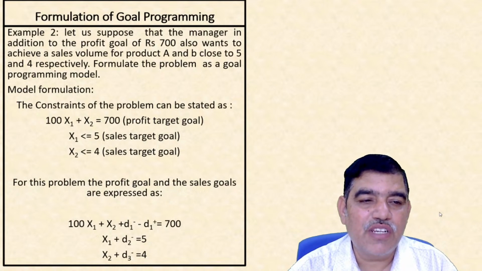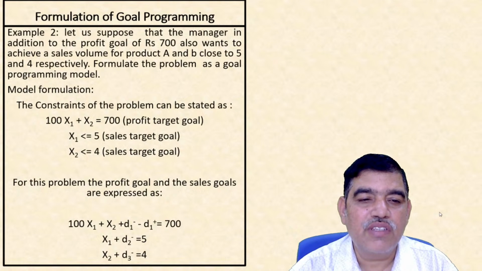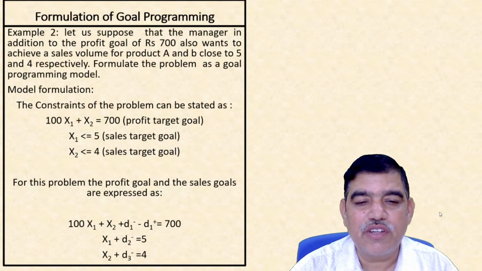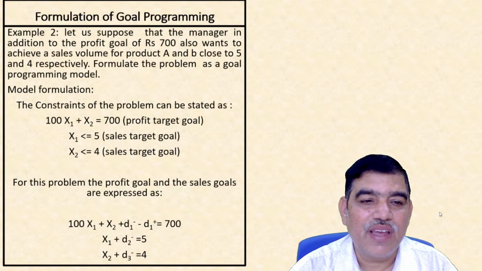Hence, the model formulated, the constraints of the problem, can be stated as 100x1 plus x2 equal to 700. Profit target goal: it is dependent on the profit target goal. Target means we just achieve our goal. Then the second constraint is x1 less than or equal to 5 and x2 less than or equal to 4.